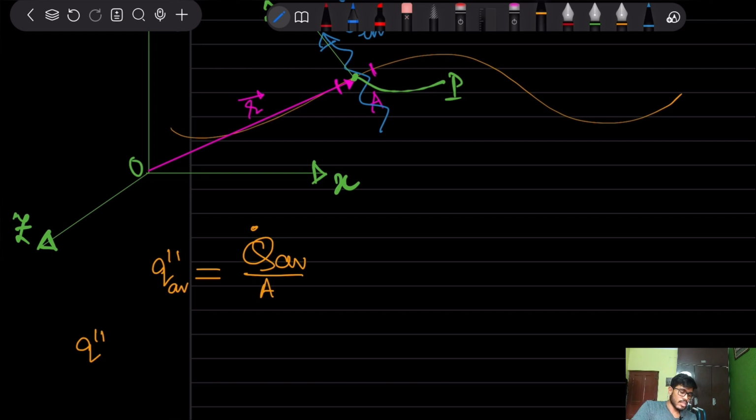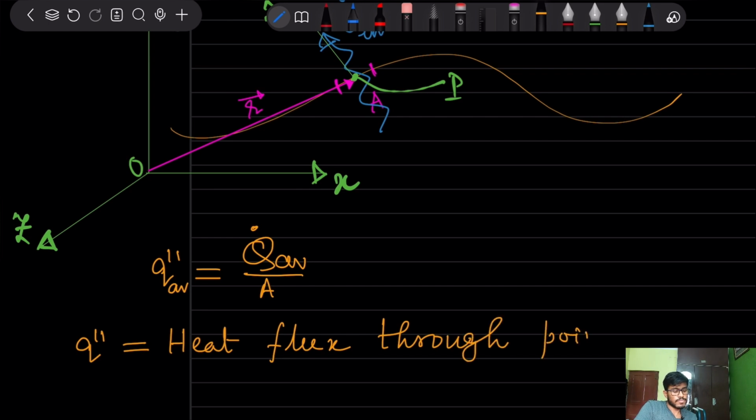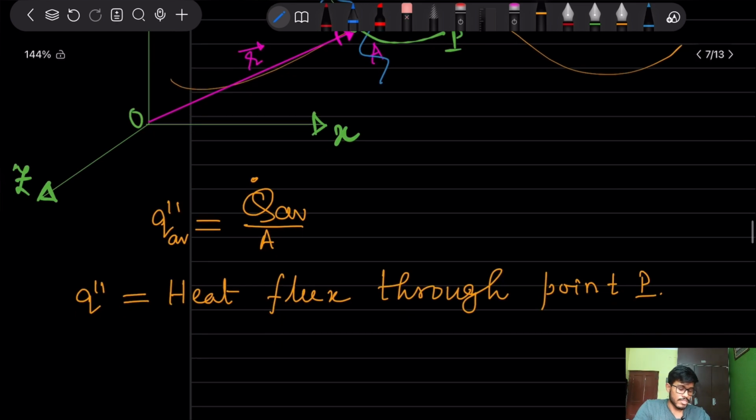So this is equal to the heat flux through point P. So now you just tell me mathematically how you can get this point P. Just think for a moment and type in the comment box.